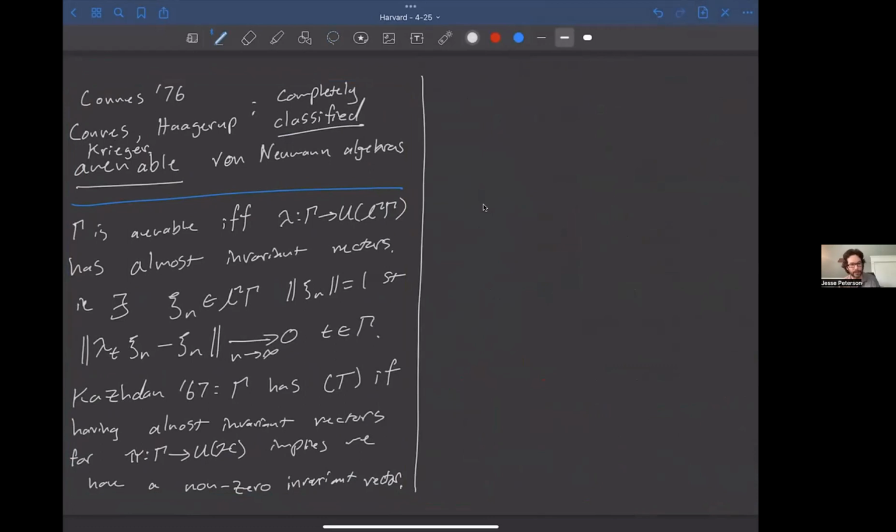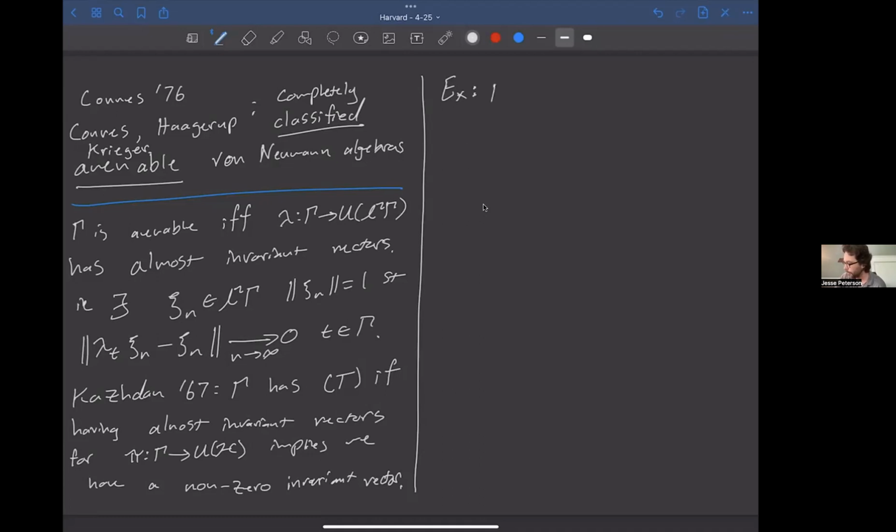Any infinite amenable group cannot have property T. And the other thing he was interested in is property T implies finitely generated, which is another easy exercise to see. And then he also showed that property T passes to lattices, and he showed that for higher rank simple Lie groups, they all have property T. Well, at least he showed for rank 3 or higher, and this was extended to rank 2 or higher.